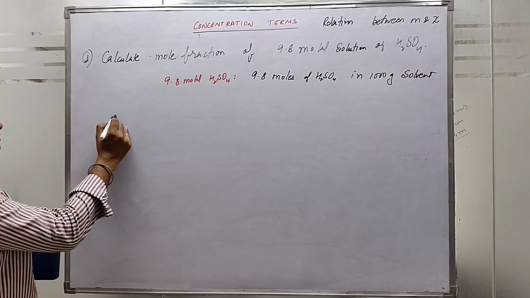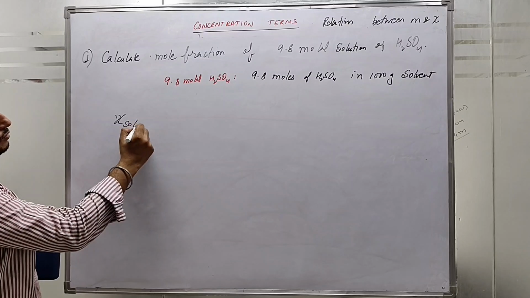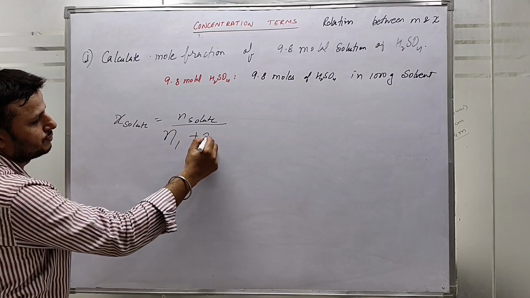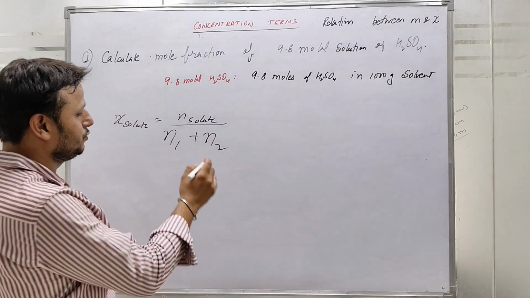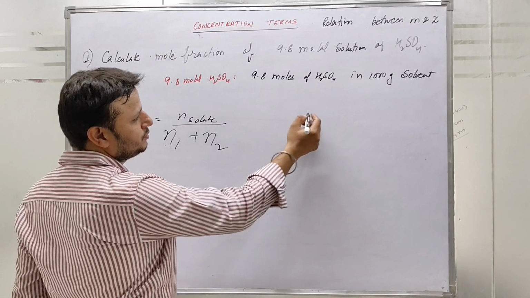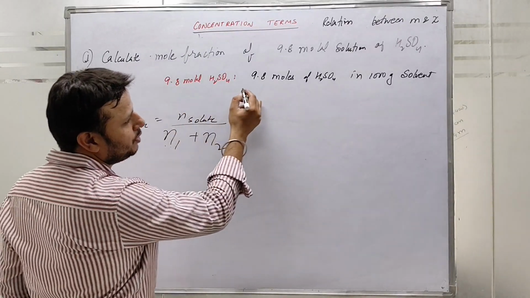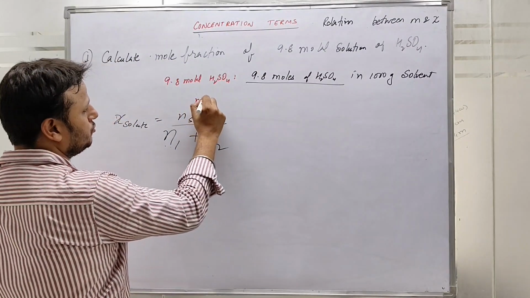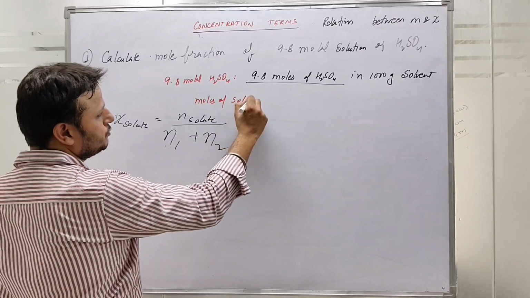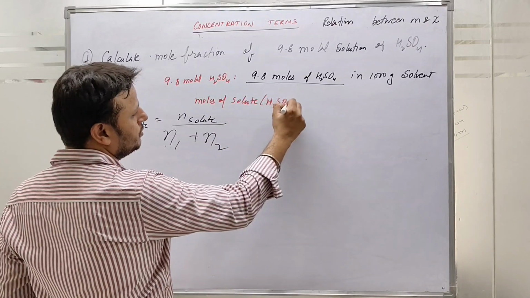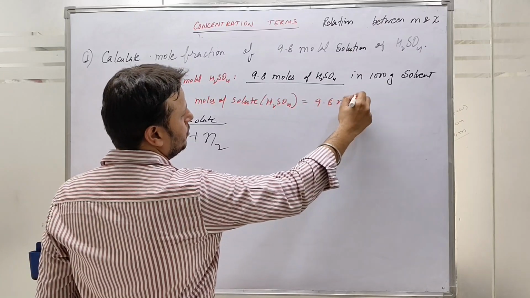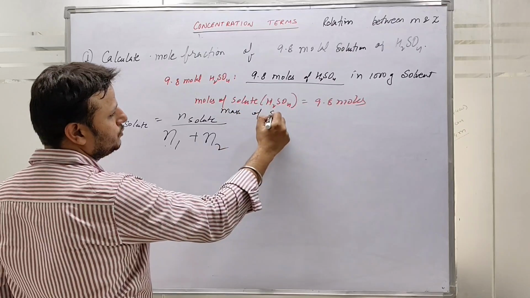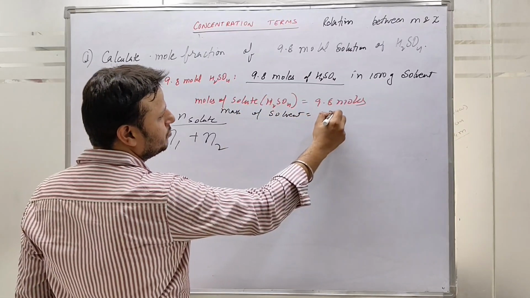So what is the formula of mole fraction of solute? So moles of solute by total moles. Moles of solute by moles of solute plus solvent. So 9.8 molar means we are directly getting moles of solute H2SO4 as 9.8. And we are getting mass of solvent 1000 gram.